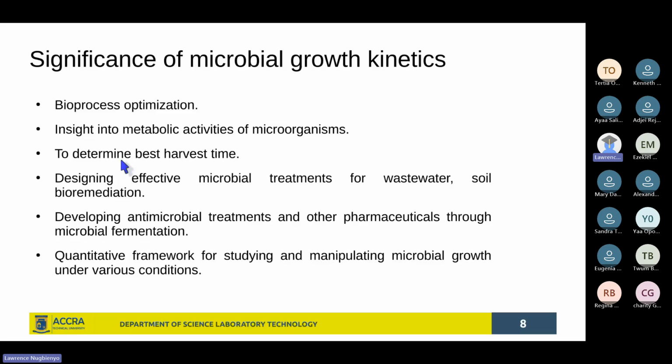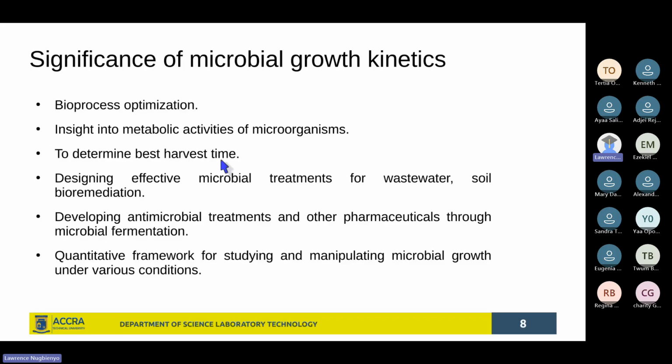At a large scale, of course, you want to be able to determine, if it's particularly a batch system, when the bioprocessing should stop and harvesting should take place. That is to determine the best harvest time, but that will be mostly just at the end of the stationary phase, just when you have the dead phase starting.